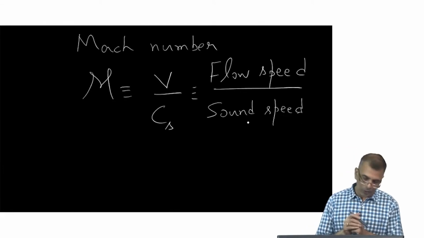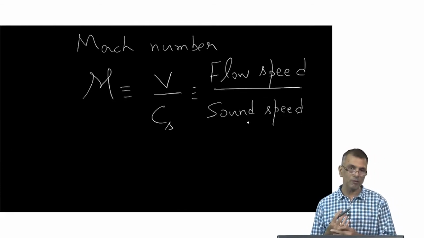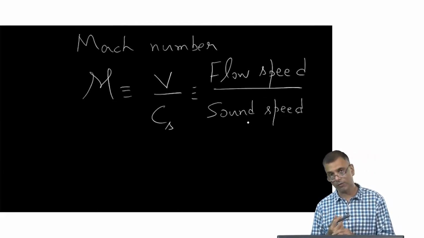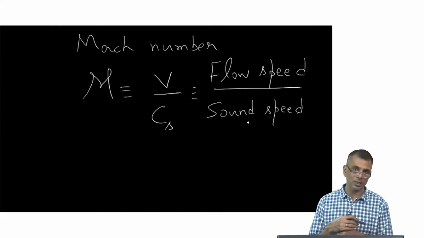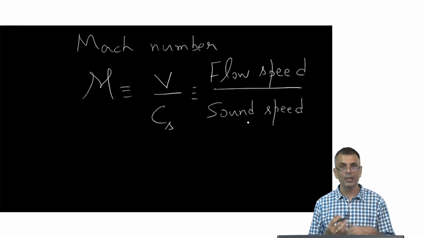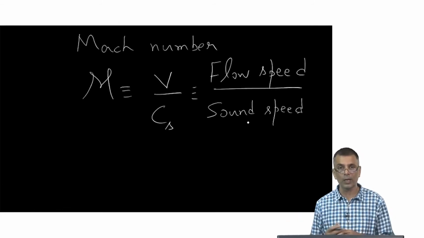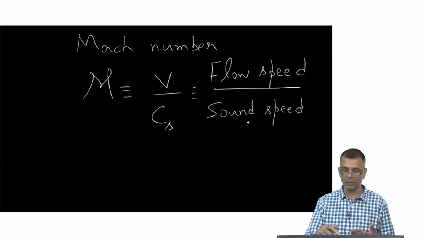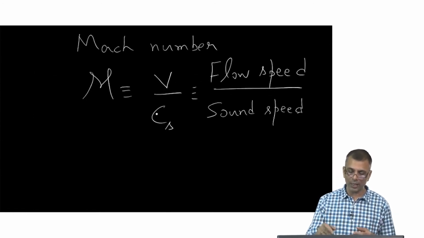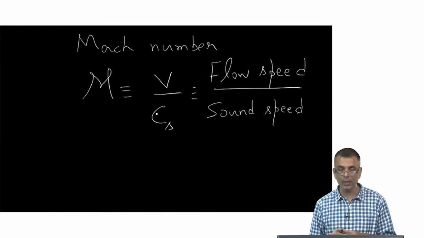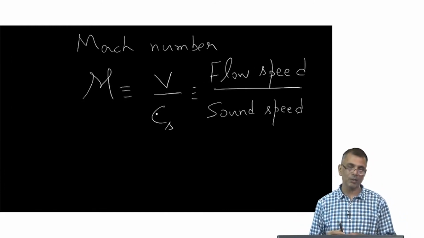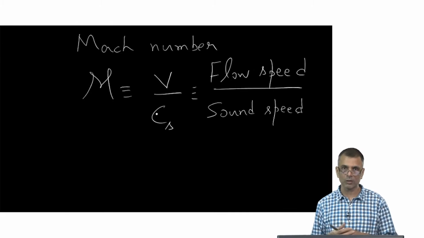I'm sure you've heard of supersonic jets or supersonic flows, airplanes flying at supersonic speeds, and these are characterized by a Mach number. The plane is flying at Mach 2 or Mach 10. That essentially tells you that it's flying at 10 times the local sound speed, wherever it's flying, or 2 times the sound speed, and so on.